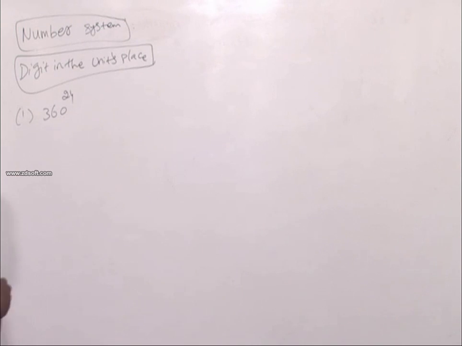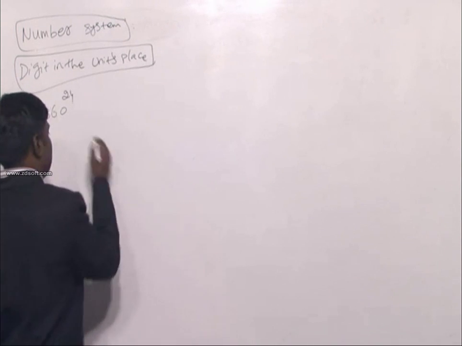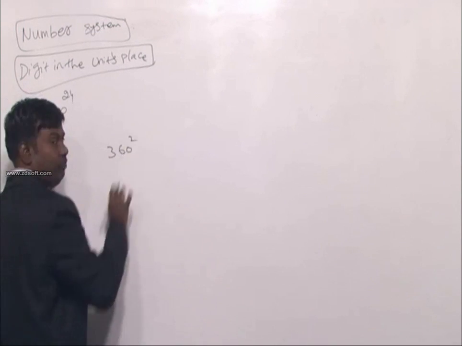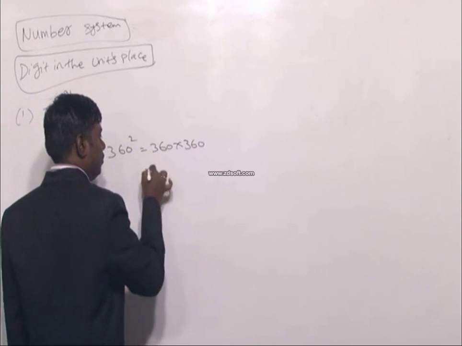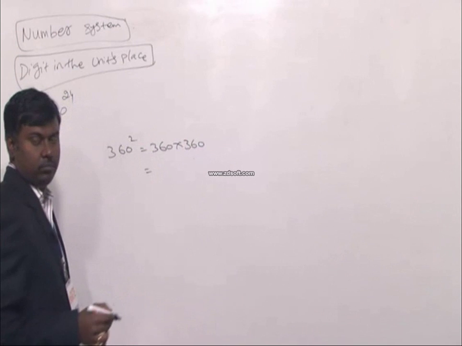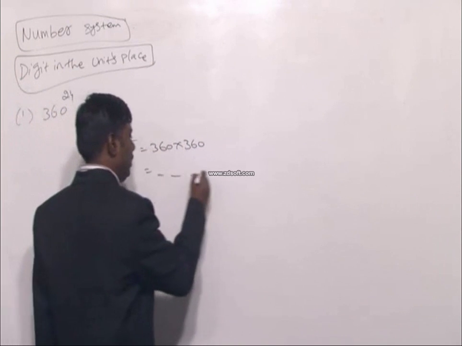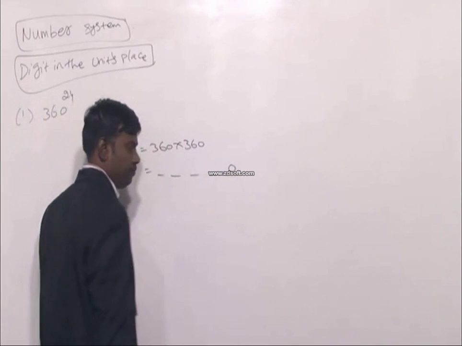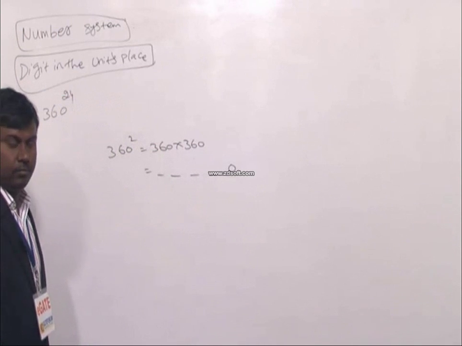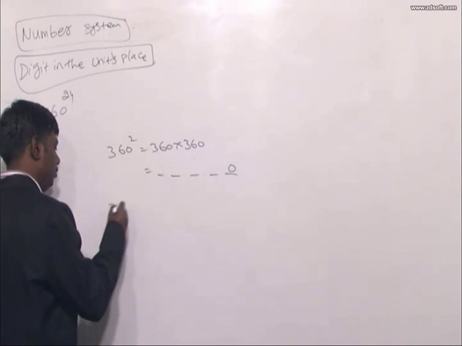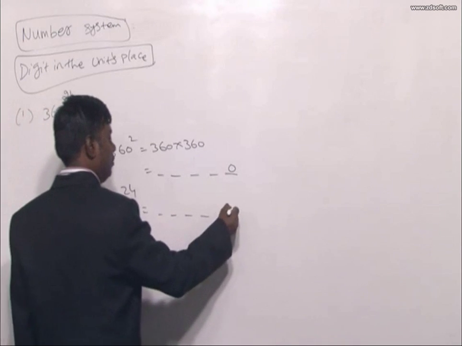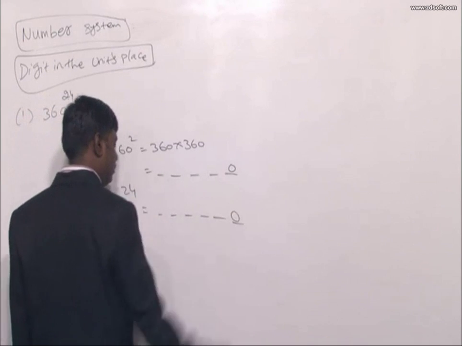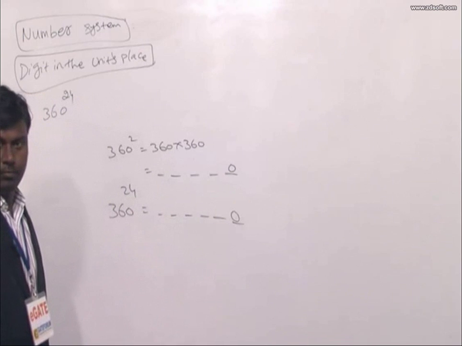Okay. 360 power 2, if you consider, what is that? 360 into 360, right? Forget about what the answer is, but the last digit is supposed to be 0, right? So, using the same logic, 360 power 24, irrespective of what the number is, the last digit will be 0, right?